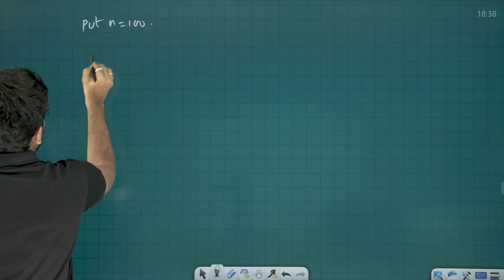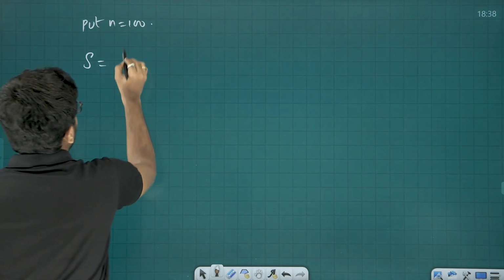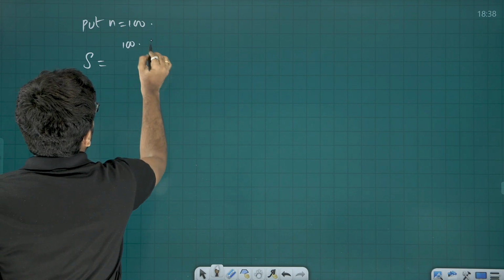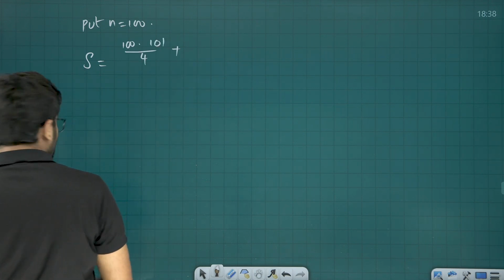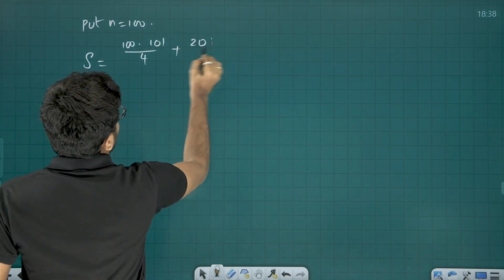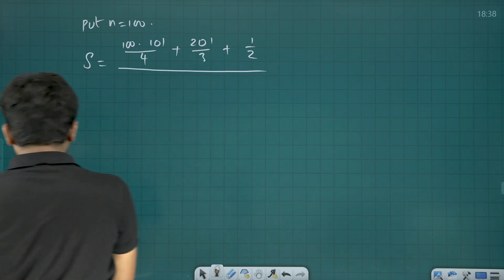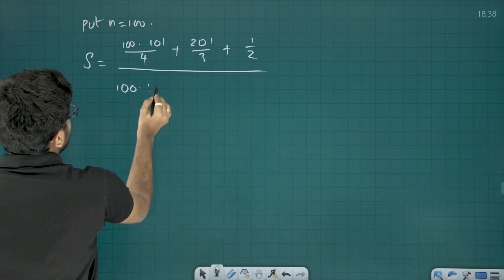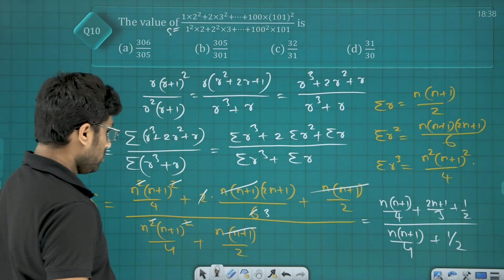So then we get S is equal to 100 into (100 plus 1) by 4, so 100 into 101 divided by 4, plus (2n plus 1), 100 twos are 200, 201 by 3, plus 1 by 2, whole divided by again 100 into 101 by 4 plus 1 by 2.